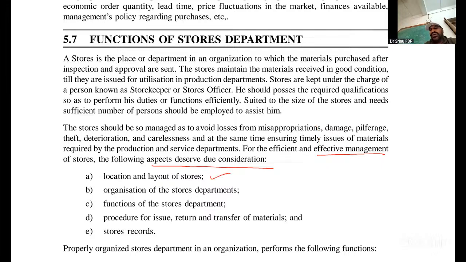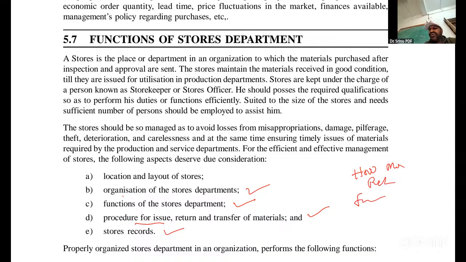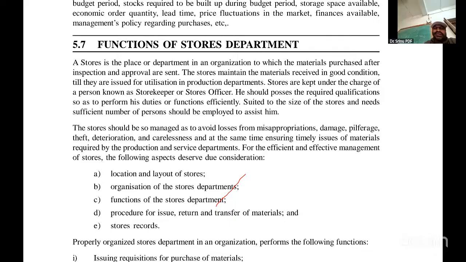Location and layout of stores, where you want to store, and from the production department to the store department how far it is, and where they want to issue. All of that is going to be done. Next is organizing the stores department, functions of the stores department, procedure for issuing, return and transfer of material, and stores recording. Simple. How much they are issuing, how much they are receiving as return, and what they are doing, all of that is done by the person. Is it clear?